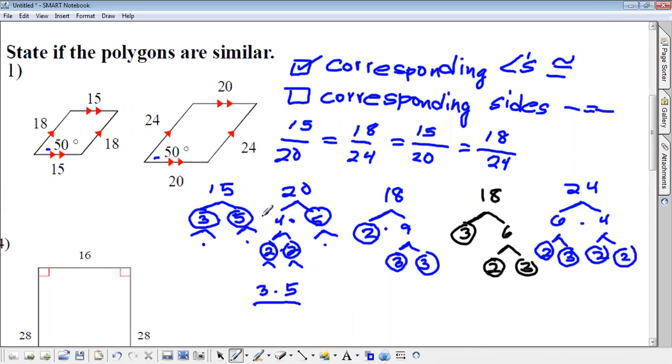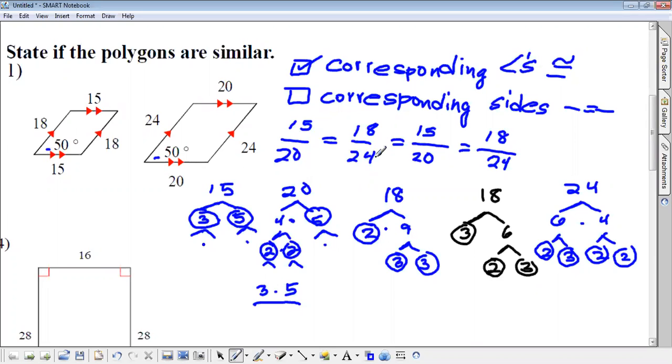You can also do it with cross multiplying, but cross multiplying 15 and 24 will give you a very big number. Cross multiplying 20 and 18 would also give you the answer, but that's a bigger number. So the way I see it, this is easier work than cross multiplying. Let me finish this and I'll show you how you cross multiply.